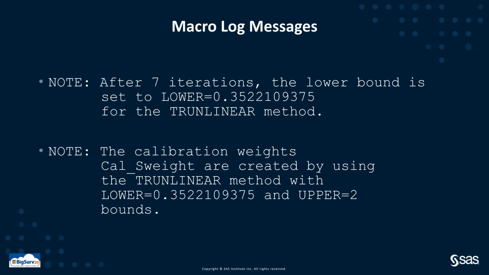When the macro is finished, these messages in the log report the bound used by the truncated linear method. For this example, the macro finds the optimal lower bound to be 0.35, given the specified upper bound of 2.0. And the calibration weights are saved in the variable called cal as weight in the output dataset final.